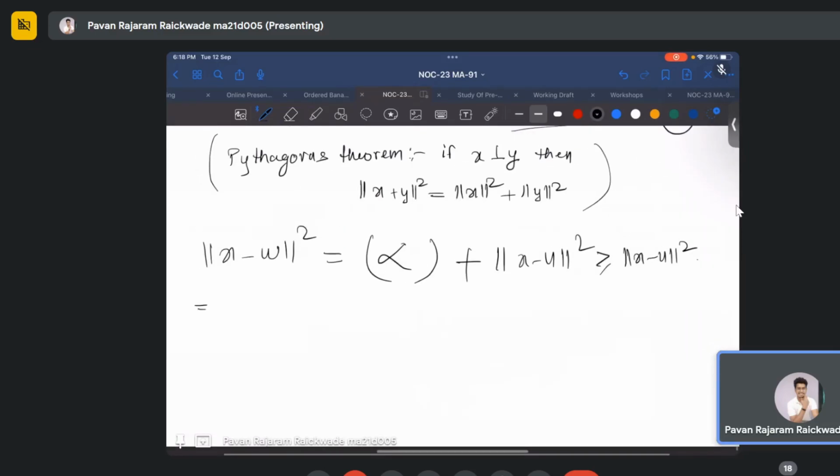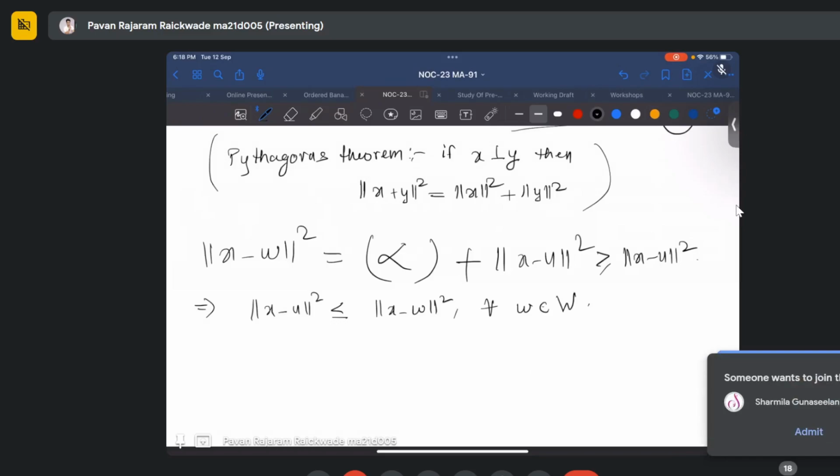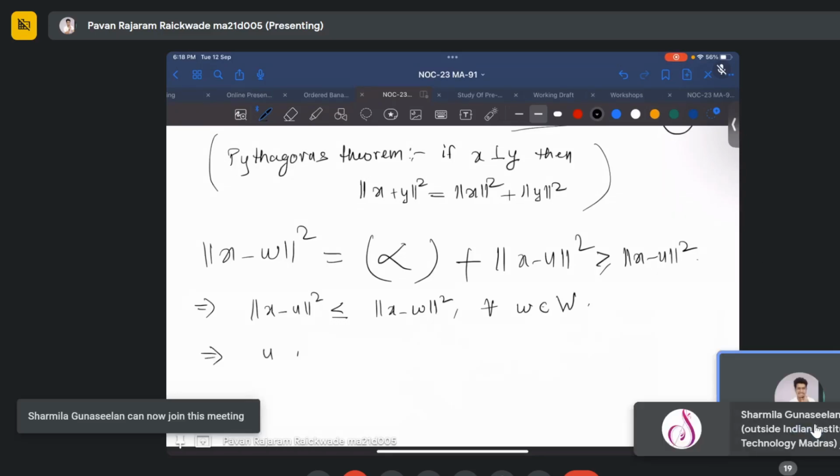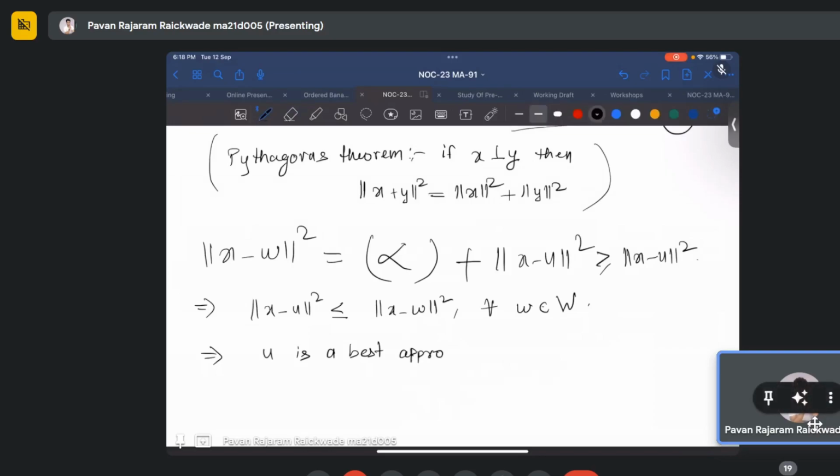So what we got, this implies norm of x minus u squared is always less than or equal to norm x minus w squared for all w belongs to capital W, right? But then this will imply u is the best approximation of x in W. Is that clear?